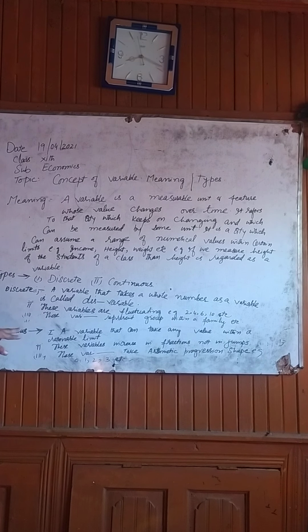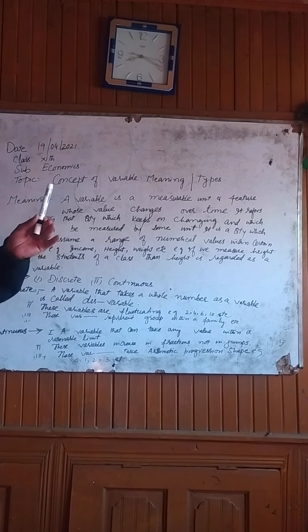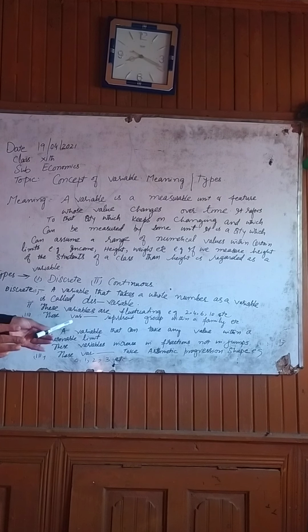Okay, then we have another type of variable, that is continuous variable. A variable that can take any value within a reasonable limit, meaning the limit should be a reasonable one.